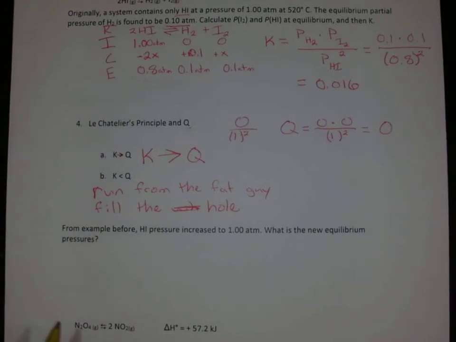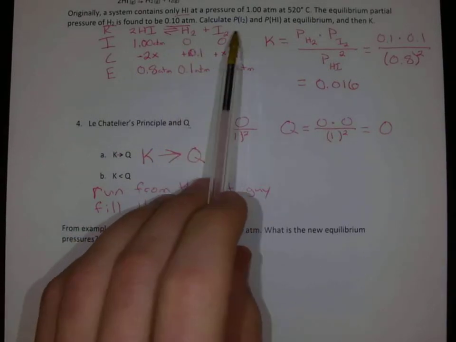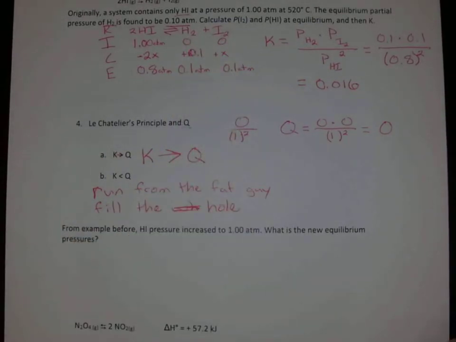So let's think back to that system up above. We said there is a hole here where H2 and I2 are 0. We are not at equilibrium. So what we would say is that our system is not at equilibrium. H2 and I2 have a lower concentration than they should at equilibrium.